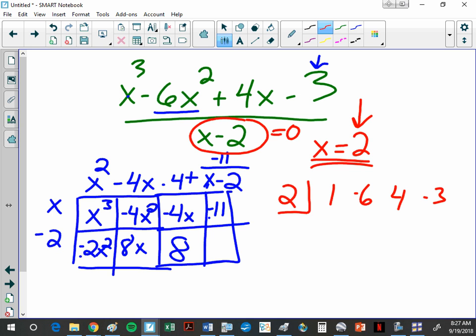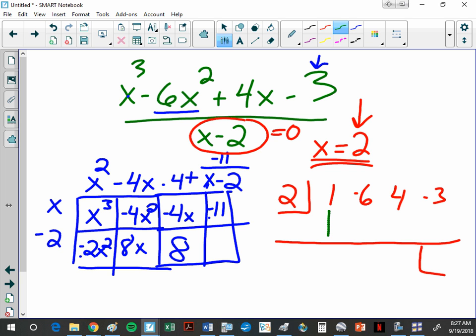I leave a little bit of a space, and I draw a line. And then at the end, I have another box, and that box is going to be my remainder. Now, you just follow a pattern. Multiply, add, multiply, add, multiply, add until you get to the end.